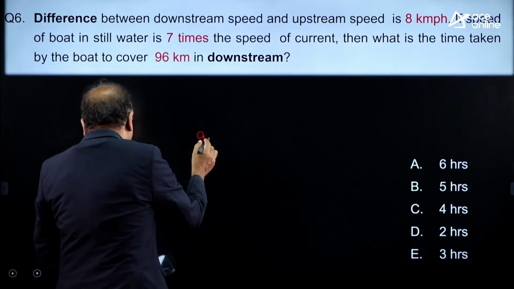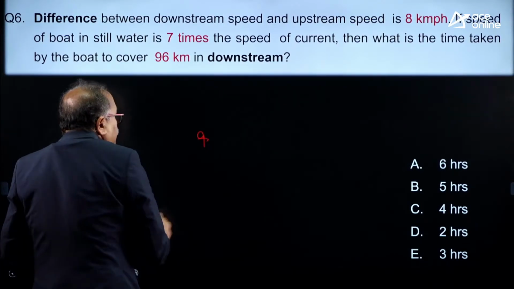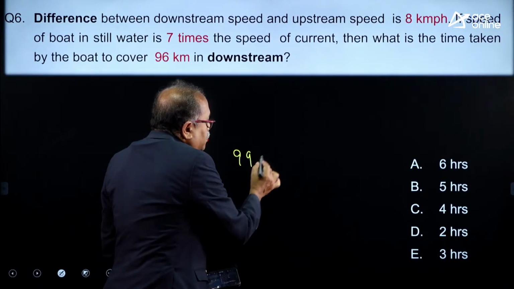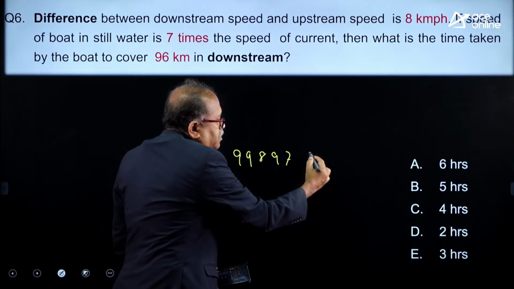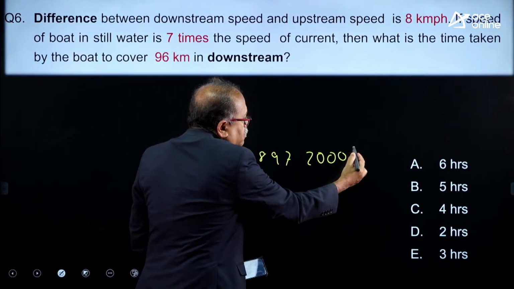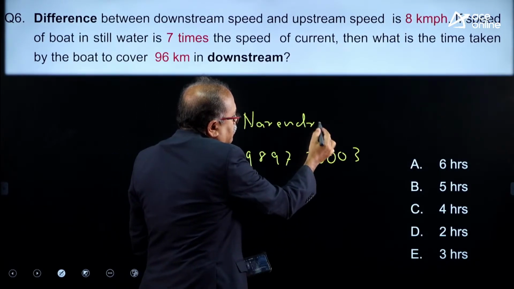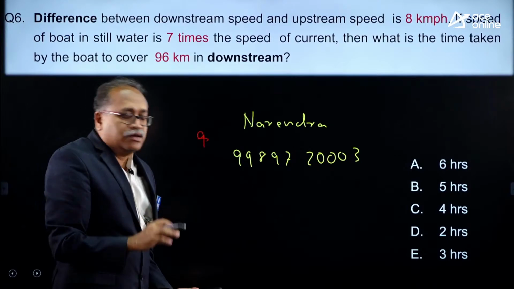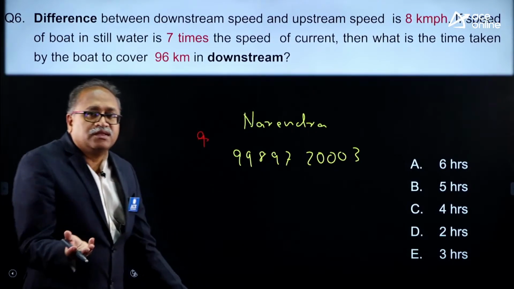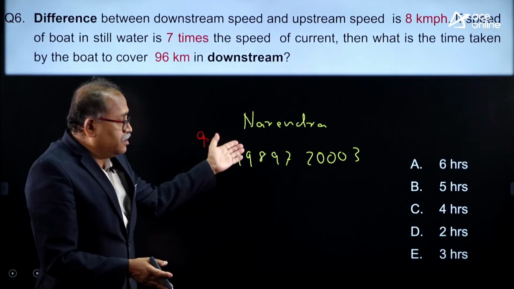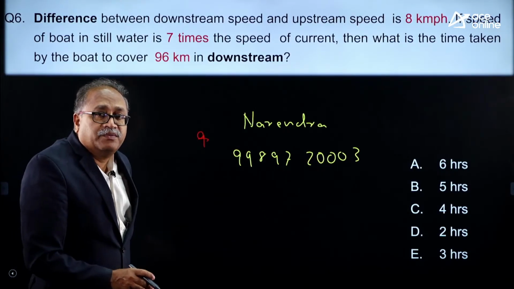That is 99, 89720003. My name is Narendra. Yes, please write down. Because on this platform I can't talk to you so freely, and once you call me I will give the detailed information.